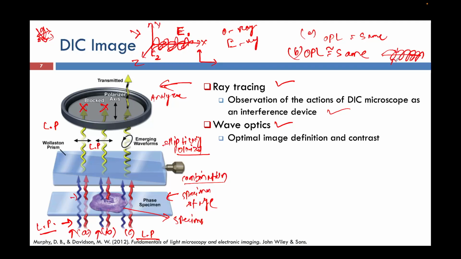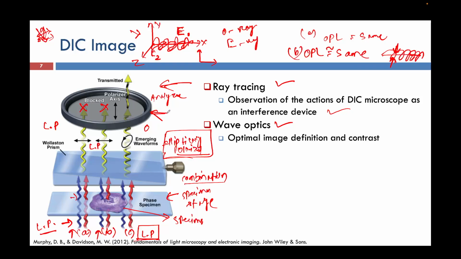So that means if there is an optical path difference, the linearly polarized light here will become elliptically polarized light. And since the elliptically polarized light has an electric vector at an angle, which might also have an axis according to the polarizer situated here.